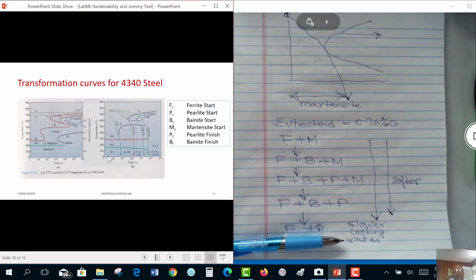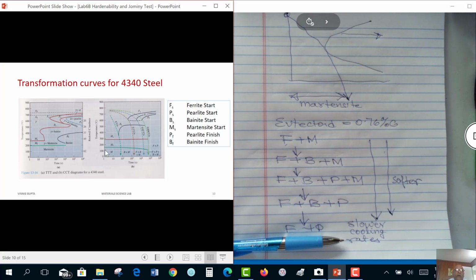But the key idea here is, again, notice as we go from left to right, in this particular case, since our ferrite start and bainite start curves were shifted to the right because of all those alloying elements, we can now form martensite. In fact, we can form martensite for a range of cooling rates.